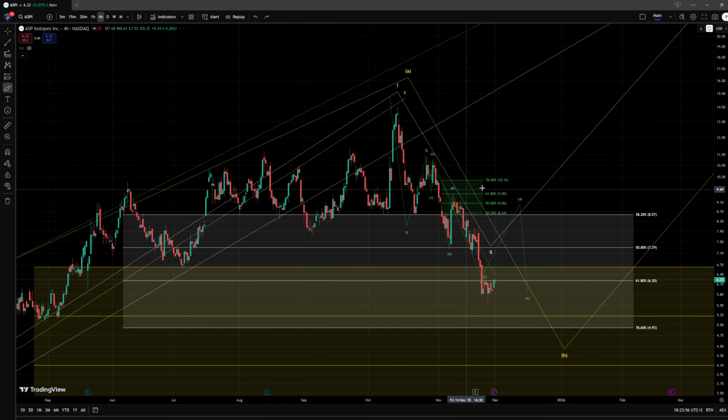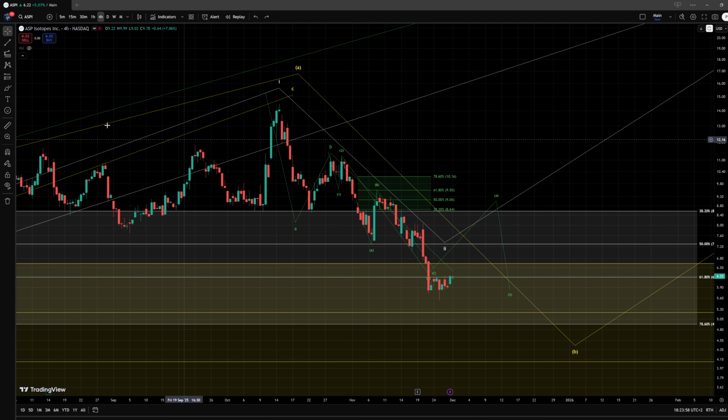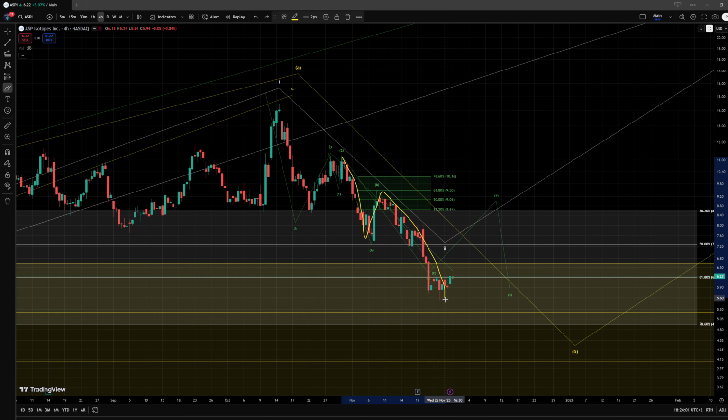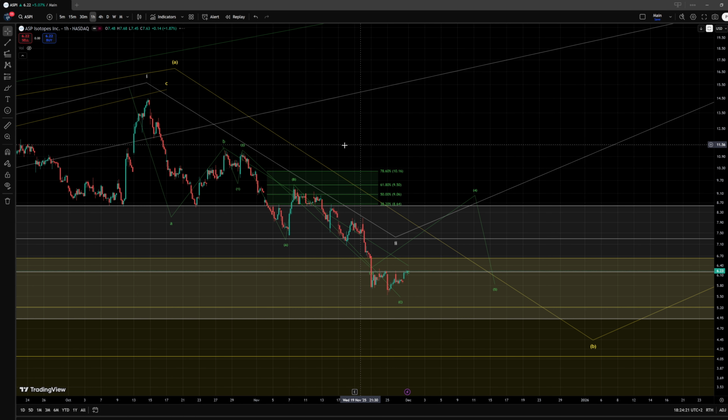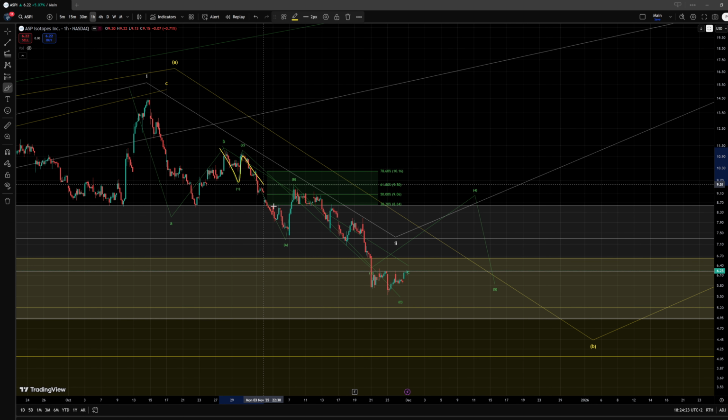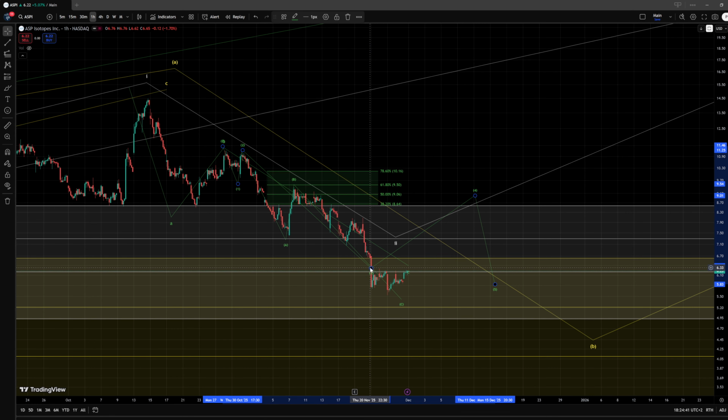Within this structure, I was rightfully looking for a possible ABC movement to be unfolding, which seems to really be the case, because technically this could work out even within an impulse, but even within an impulse, I wouldn't necessarily consider this a 1, 2, 3, 4th, and the 5th. I wouldn't necessarily look for this movement to the downside as the wave 5, and even if it were, if it really is an impulse itself, I would still expect quite further extensions, as I am even here in this wave C that we are now tracking in green.